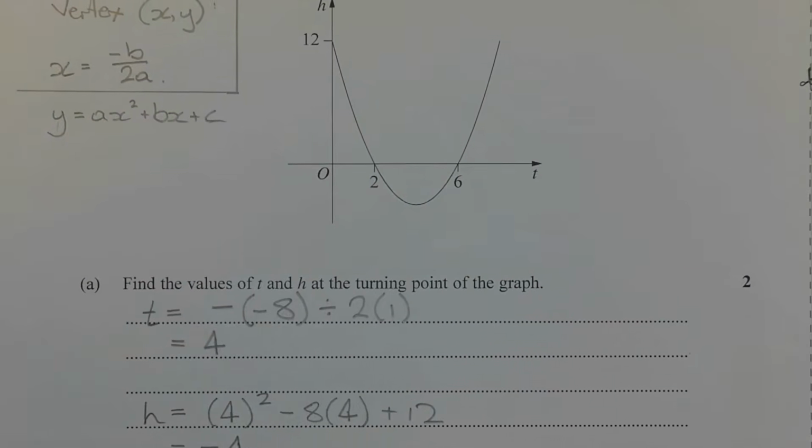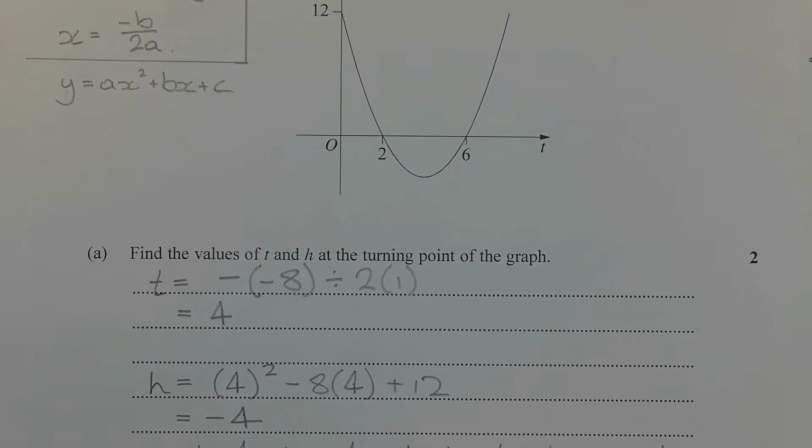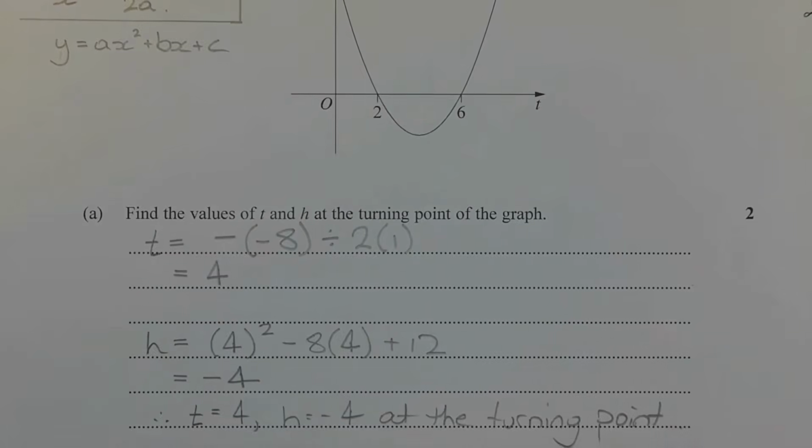So to find h, we substitute t equals 4 into the equation h equals t squared minus 8t plus 12. So h is equal to 4 squared minus 8 times 4 plus 12, which gives us negative 4. Therefore, t equals 4 and h equals negative 4 at the turning point.